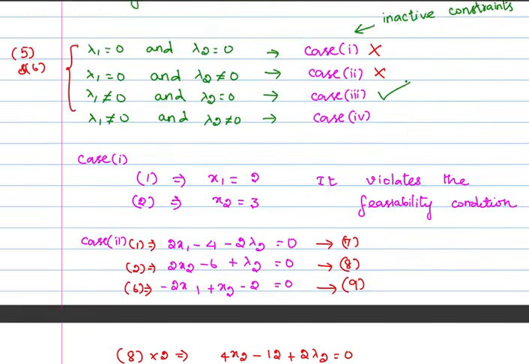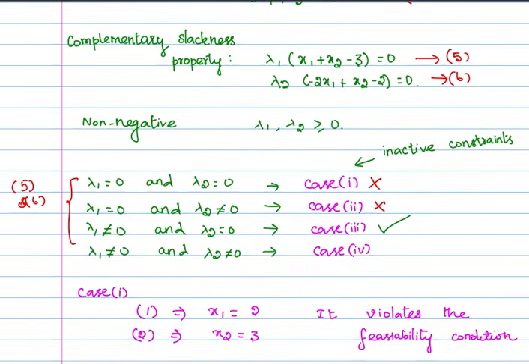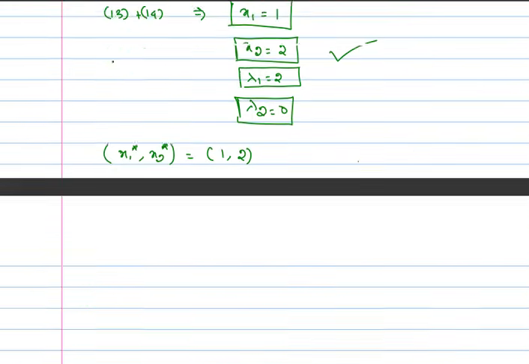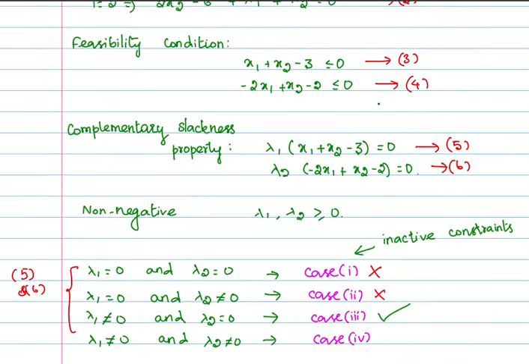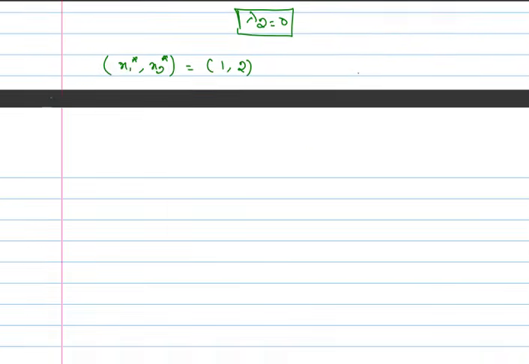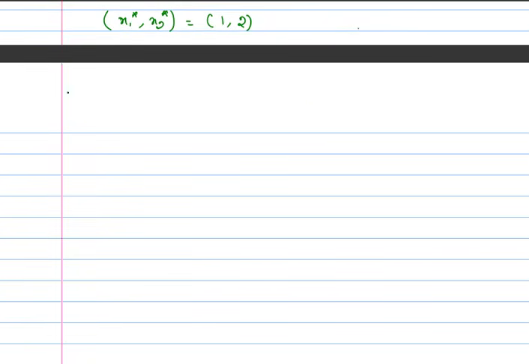So this implies x1 plus x2 minus 3 is 0. So from equation number 5 and 6, we will start with case 4.